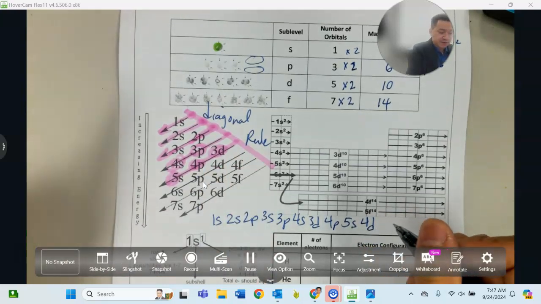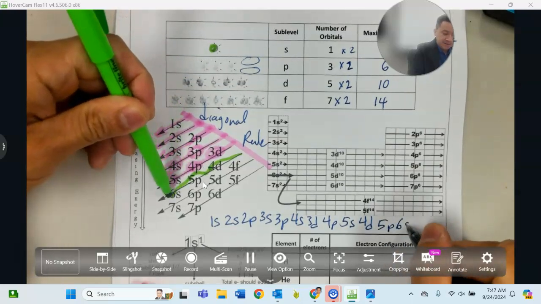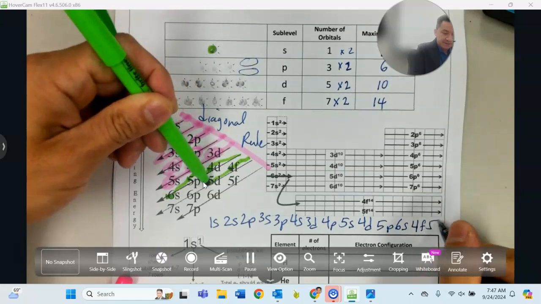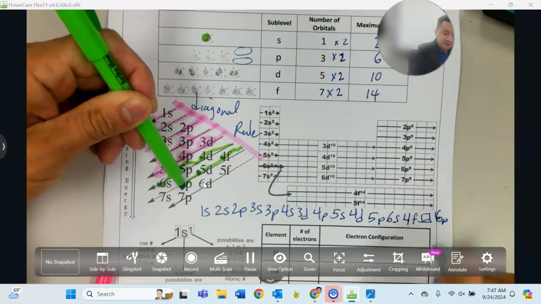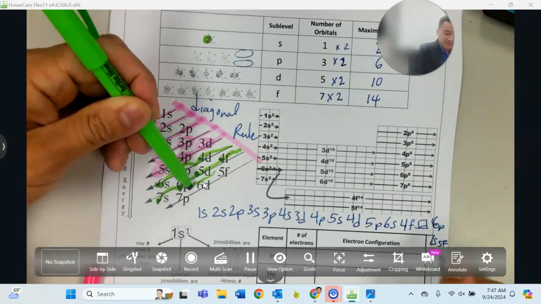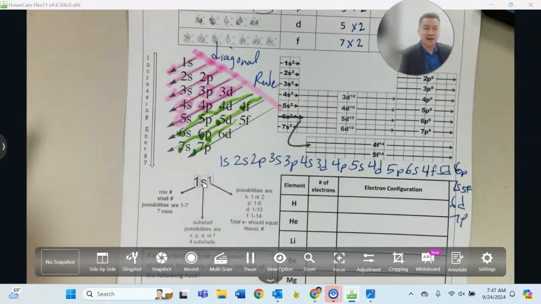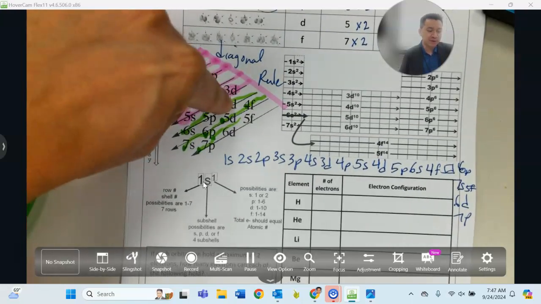You continue 4d, 5p, 6s, 4f, 5d, and 6p, 7s, 5f, and then 6d, and then 7p. So that's the order. That's how you read it in order. Sorry, my left hand is not really that good. But there it is: 1s, 2s, 2p, 3s, 3p, 4s, 3d, 4p, 5s, 4d, 5p, 6s.